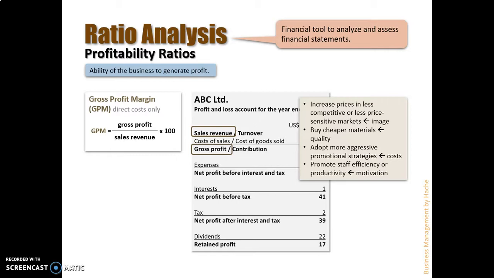But these structural changes might affect morale and reduce motivation, so you have to be careful on that too. So these are four ways you can reduce cost of sales, increase sales revenue, and therefore get a better gross profit margin.